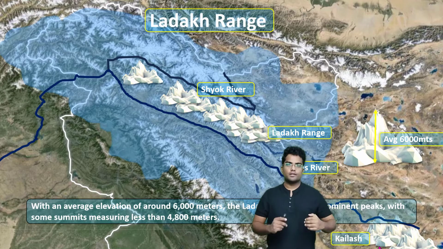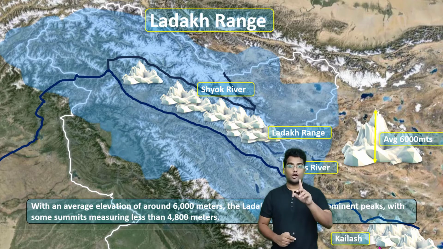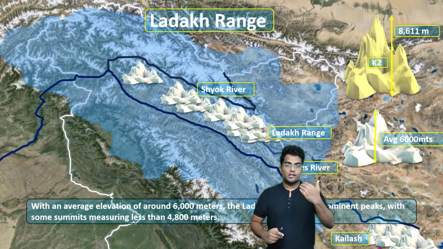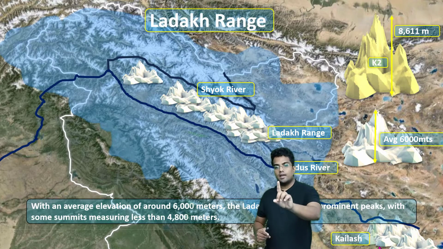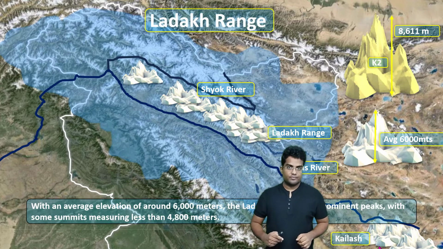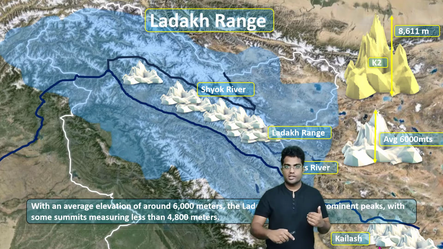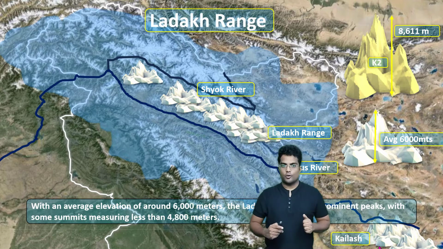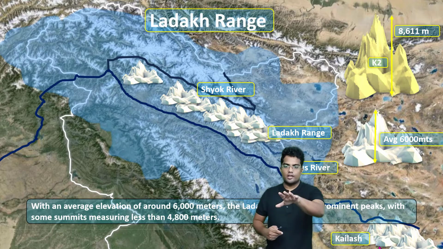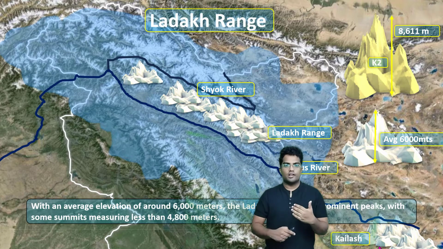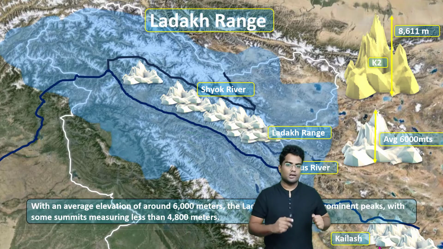If we compare this to one of the tallest mountains in the Karakoram Range, this is K2, and its height is 8,611 meters, significantly higher than any mountain in the Ladakh Range. K2 is located in the Karakoram Range, which we have learned in the earlier part of the video. So K2 is significantly taller than any average mountain in the Ladakh Range.